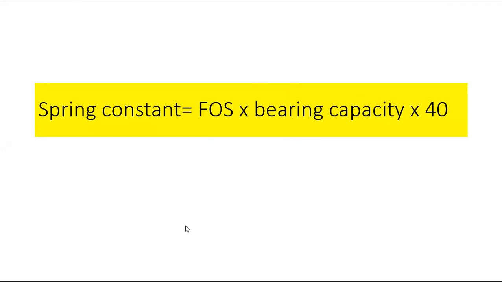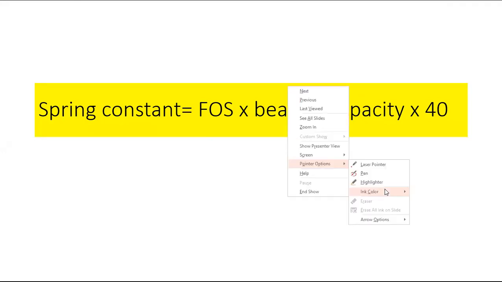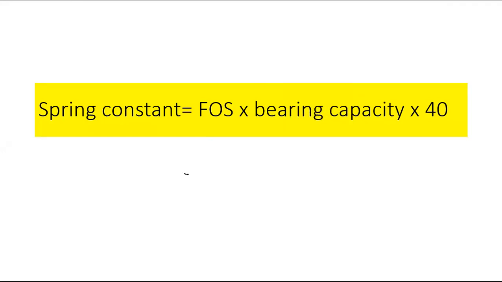For our case, let's take a factor of safety of 2, bearing capacity let's assume 100, into 40. So that will give you 8,000 kilonewtons per meter cube, as I remember the unit.